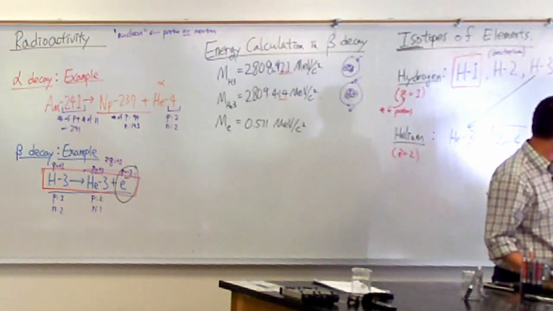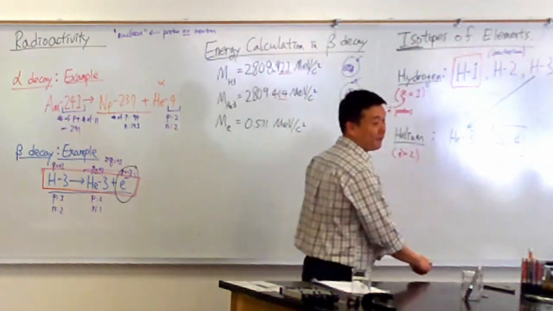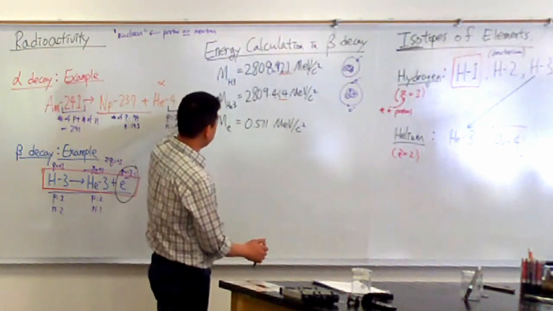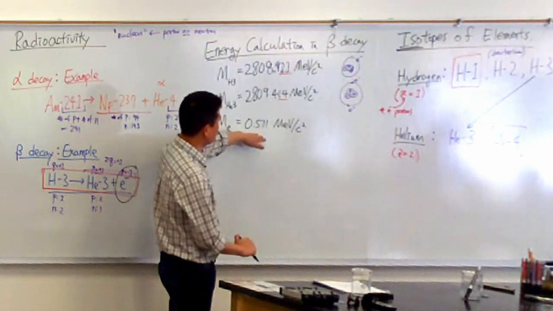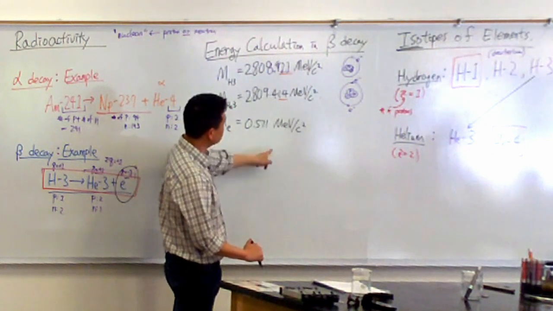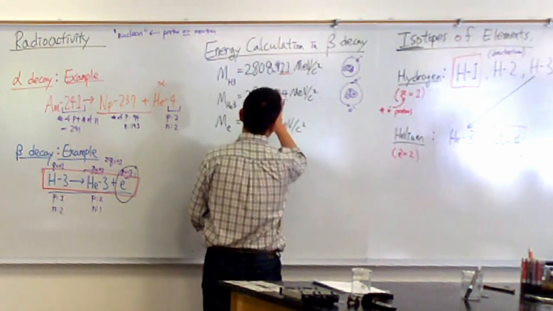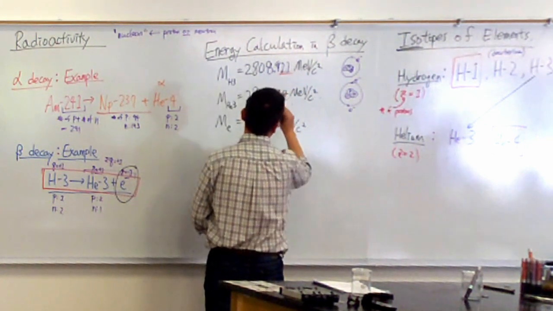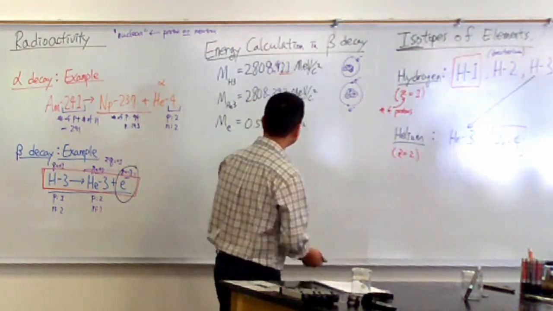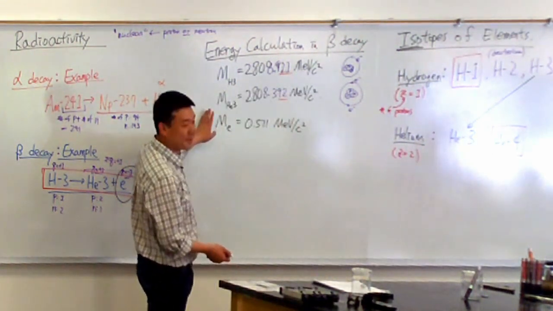That's the number I need to do the calculation as a nuclear reaction. For the helium-3, I need to subtract off 2 electron masses, so 1.022. So it will be 2808.392. Okay, now we have all the proper numbers.